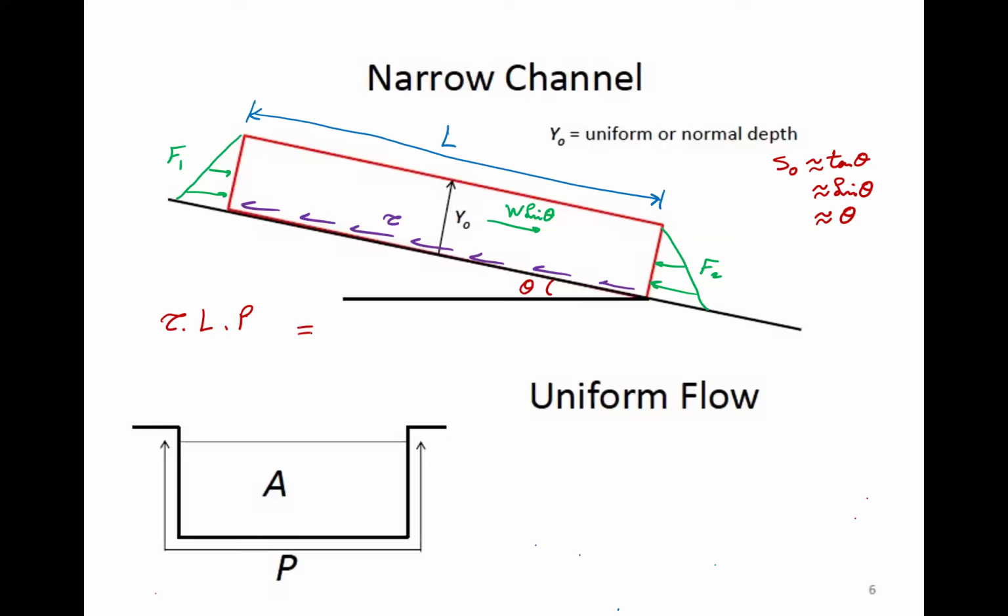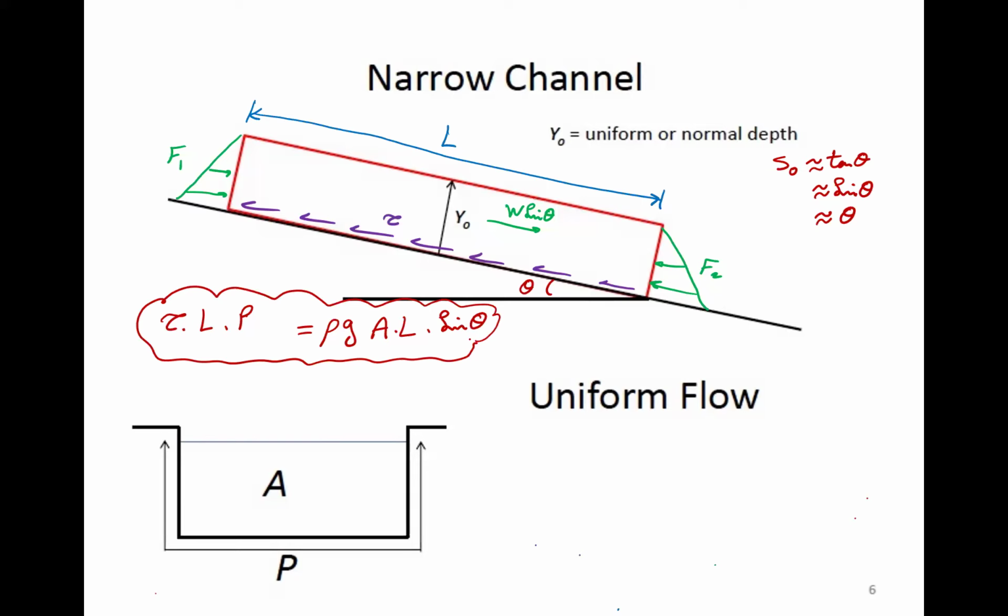Right-hand side, we had the weight along the slope. What is weight? Weight is volume, which will be A times L, area multiplied by length, and multiplied by rho g or gamma, and multiplied by sine of theta, right? So that will be our modified form of the momentum equation, the one that we saw earlier.